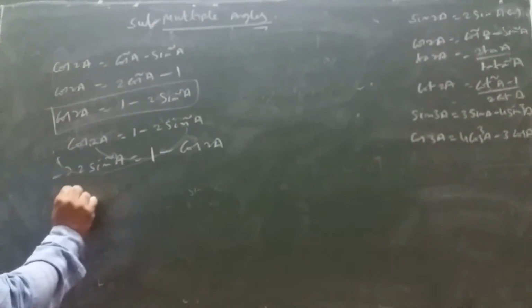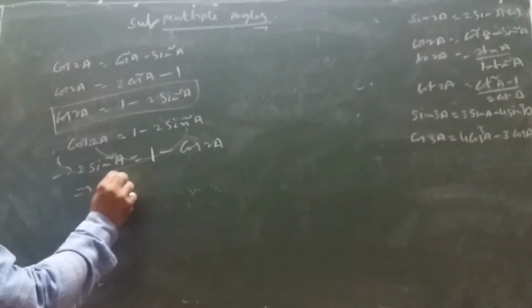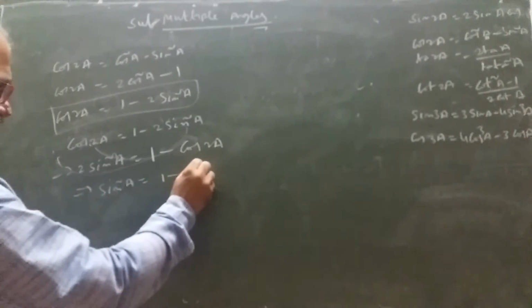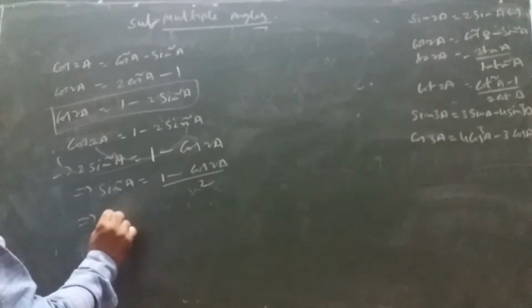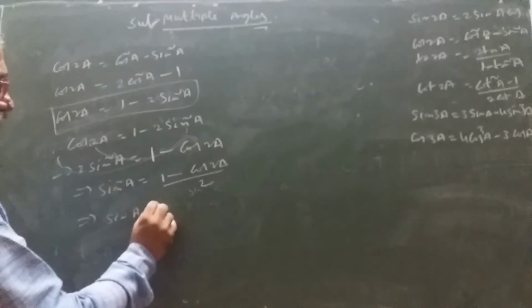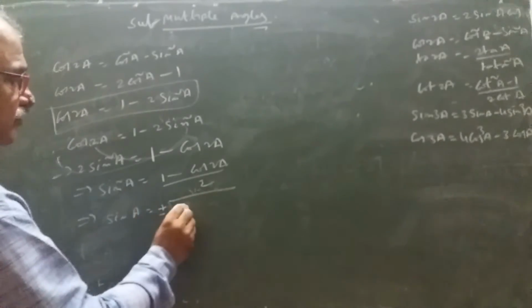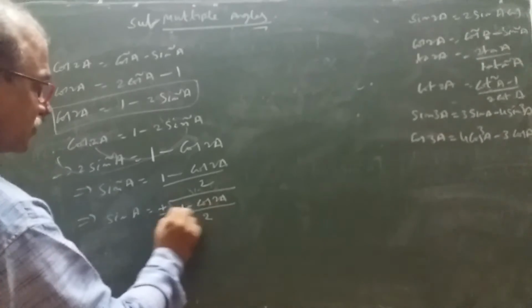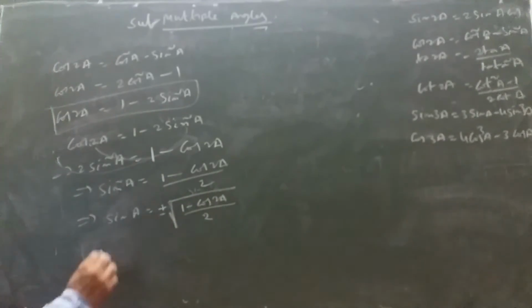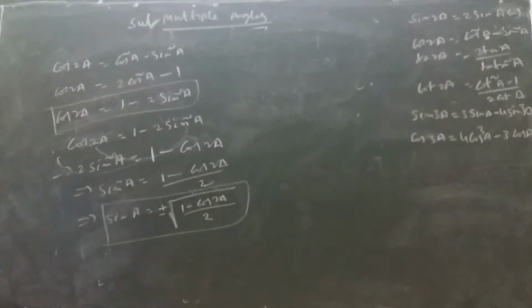That implies sin square A is equal to (1 minus cos 2A) by 2. That implies sin A is equal to plus or minus root of (1 minus cos 2A) by 2. This is also a very important formula.